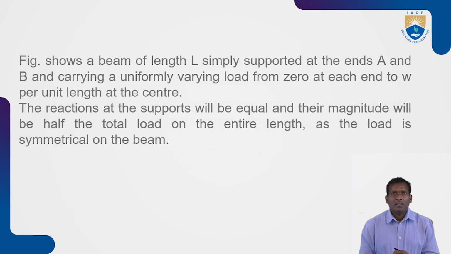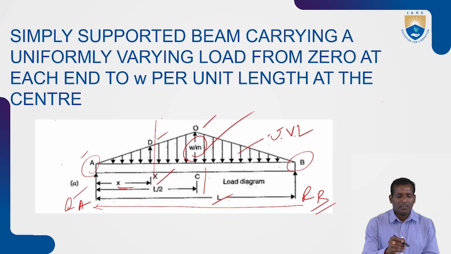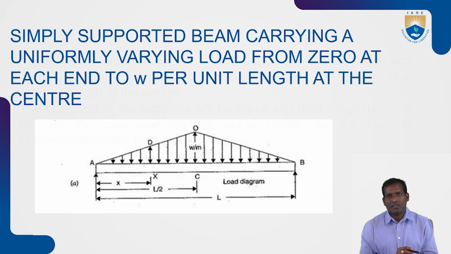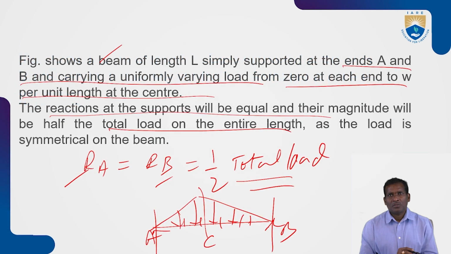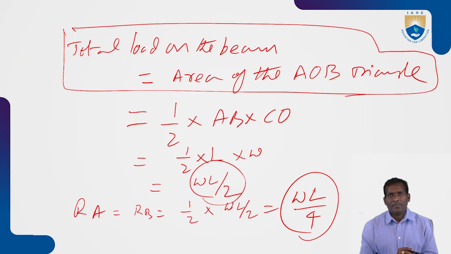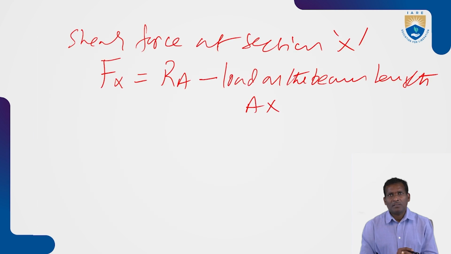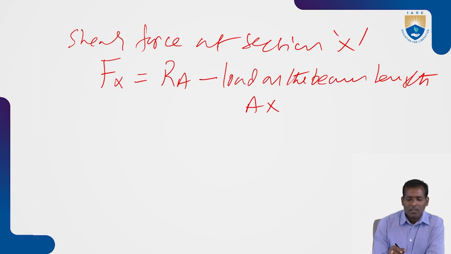Up to here, X. So what is the load on this? Take a triangle. RA is WL by 4.